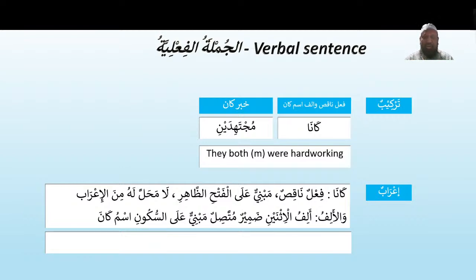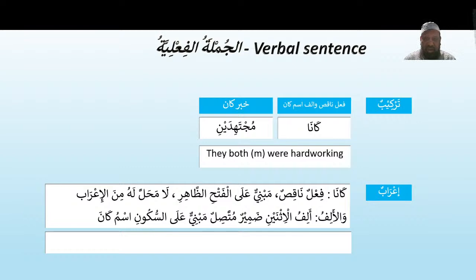But for كان وأخواتها it will be اسم كان. If we have صار, اسم صار. If we have ليس, اسم ليس. So الألف ألف الاثنين ضمير متصل مبني على السكون اسم كان.